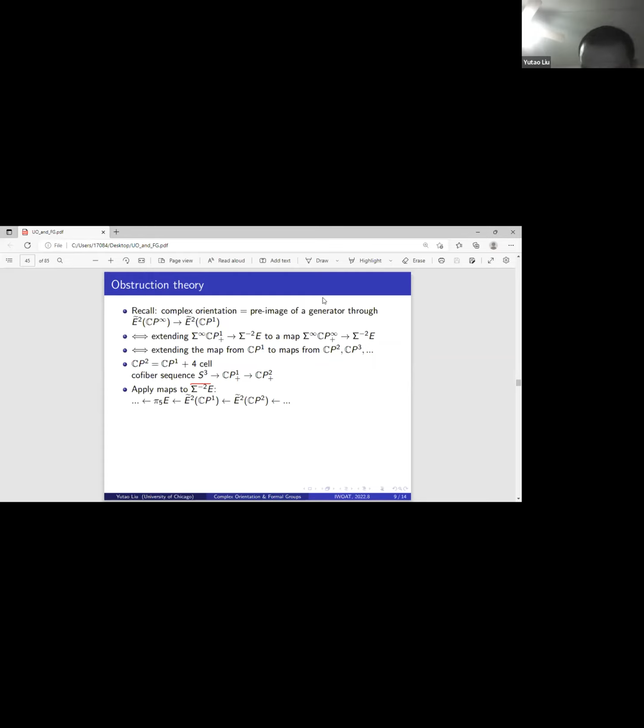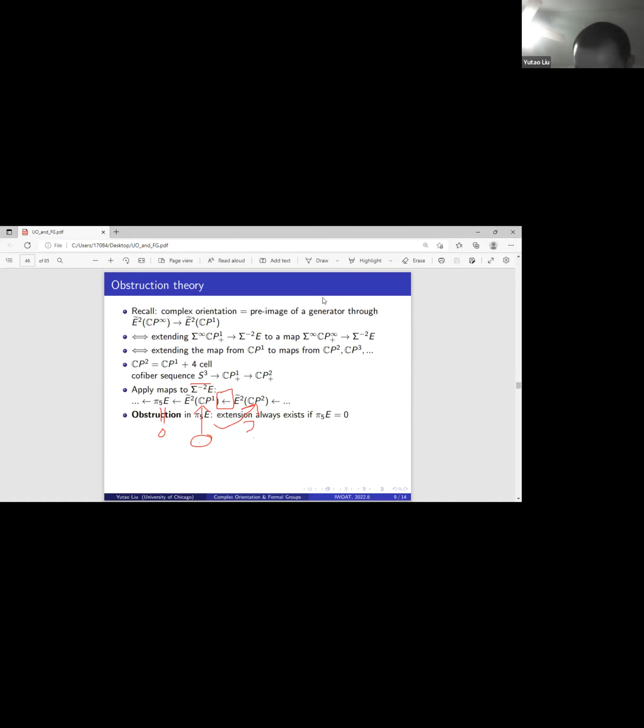Now if you begin with an element here and you want to extend it to an element here, you will always have such an extension if pi 5 of E is 0, because then this map will be surjective. So you can always find a preimage of the corresponding element inside the E cohomology of CP2. In other words, you can say the obstruction of the extension is inside the fifth homotopy group of E.